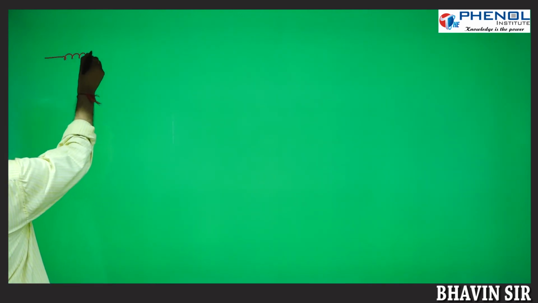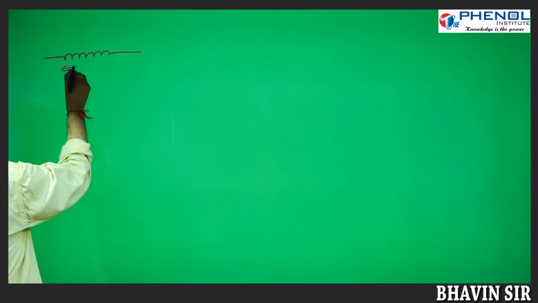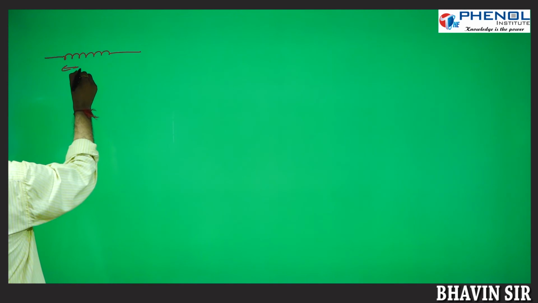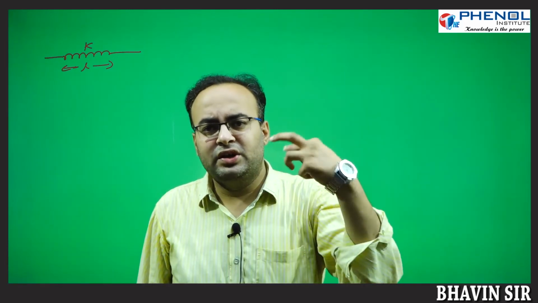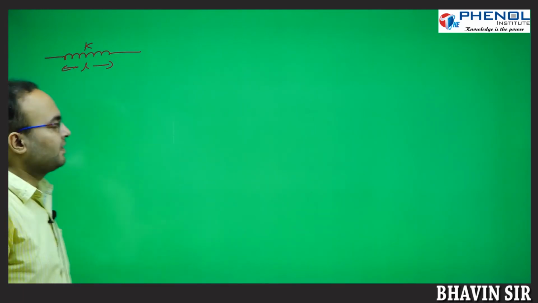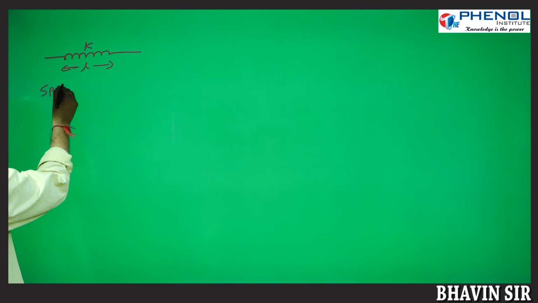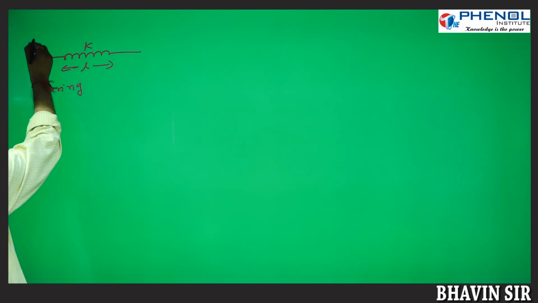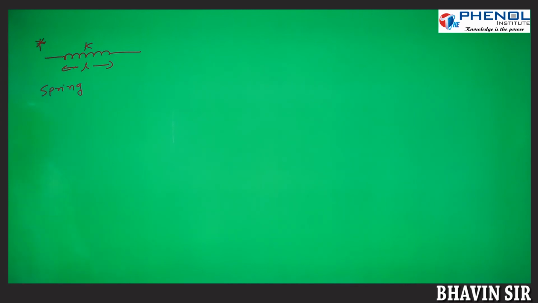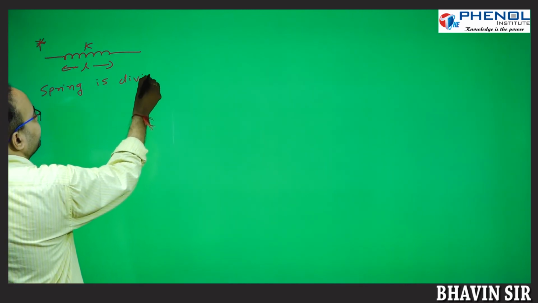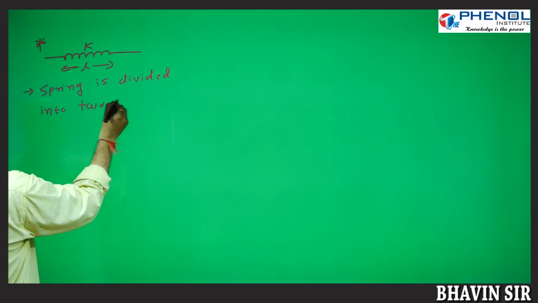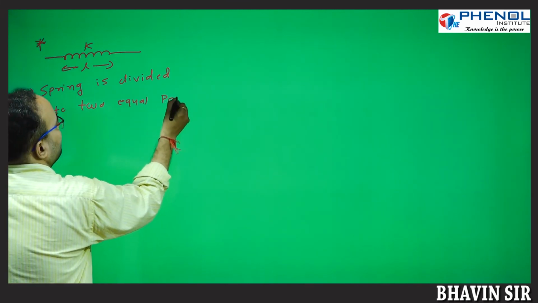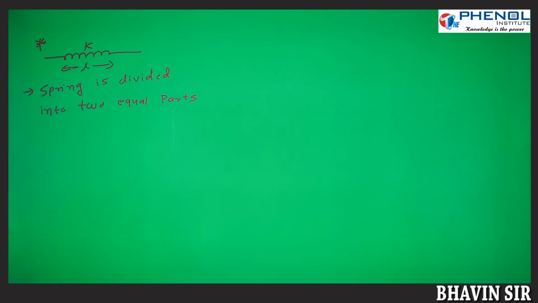Suppose this is a spring, students. Suppose its length is L and its spring constant is K. Now this spring is divided into two equal parts.